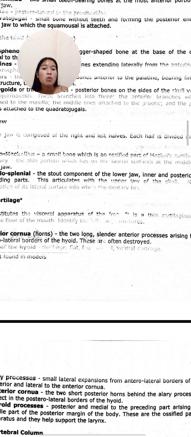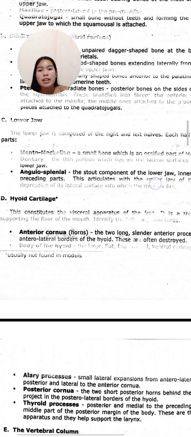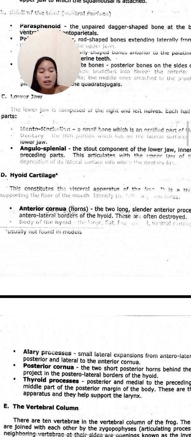So it is a bone or cartilage that forms the anterior extremity of the lower jaw in animals. Next is dentary.